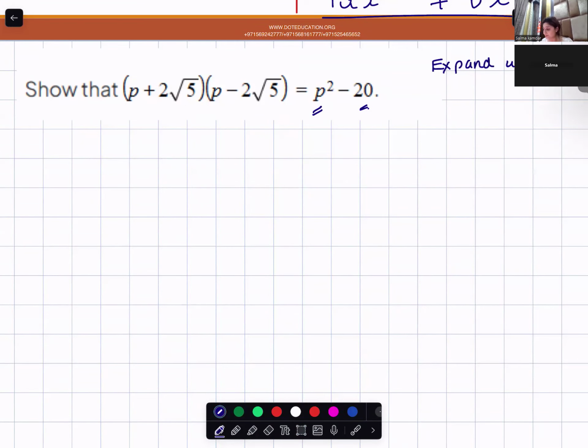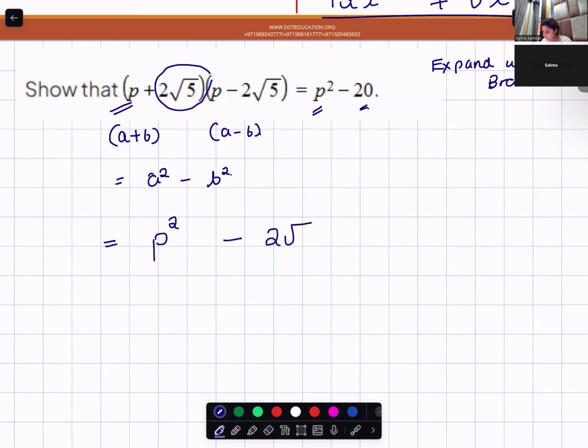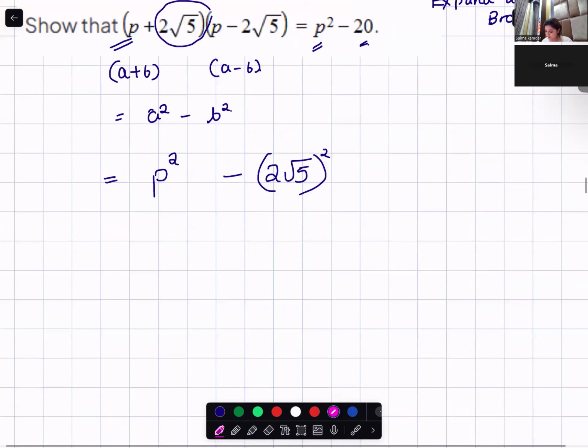But if you see this more properly, this is in the form (a plus b)(a minus b), which is a square minus b square. So this is equal to a, which is p square, minus b, which is 2 root 5, the whole square.